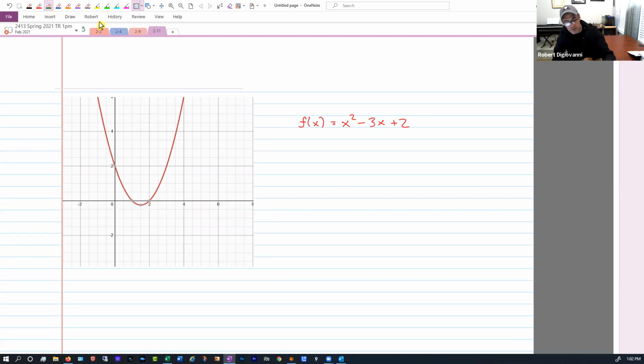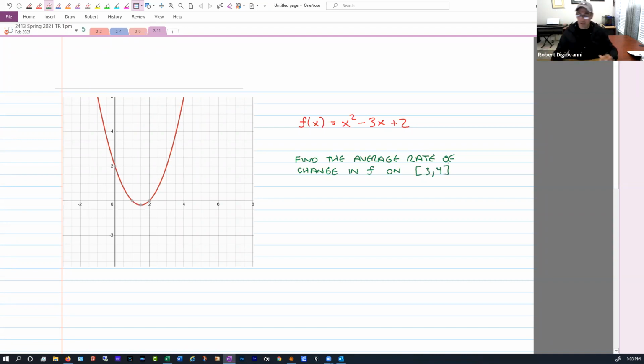I would like for us to find the average rate of change in this function on the interval, let's go 3 to 4. So 3, 4.